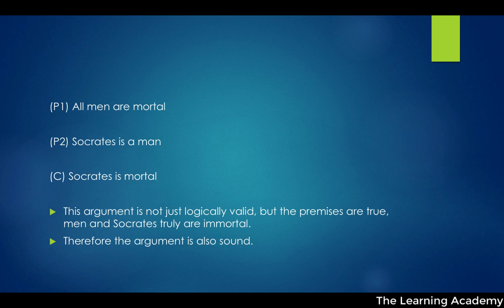It should also be noted that if the premises are true, then the conclusion is also true. If we have an argument like this that is valid, the majority of the debate will be about whether or not the premises are true.